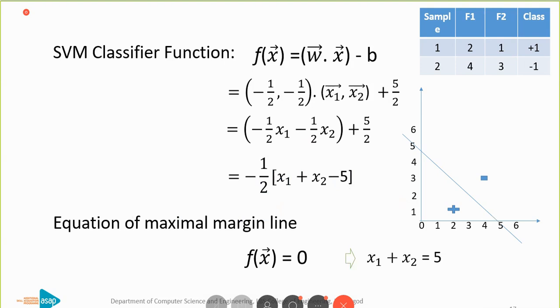That means if you put the value of x1 to 0, x2 will be 5. You put the value of x2 to 0, x1 will be 5. So you'll be getting a line like this. That is the final equation you have.